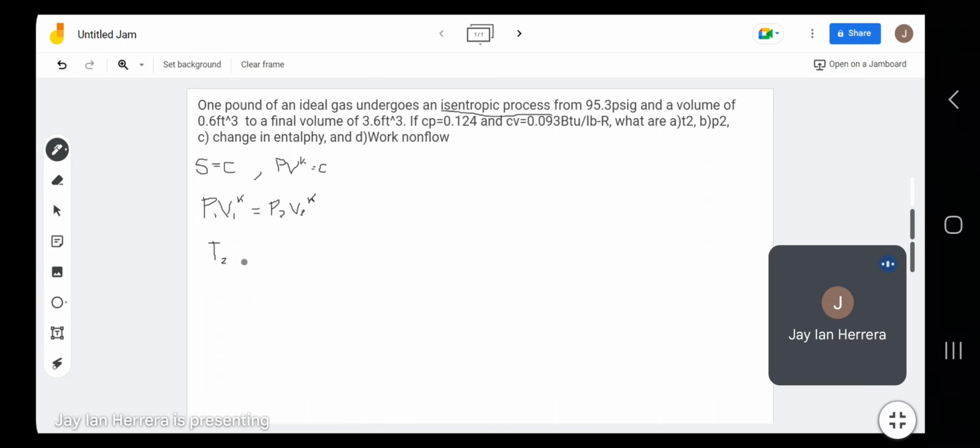We have here T2 all over T1, which is equivalent to T1 all over T2, that is equivalent to V2 over V1 raised to K minus 1.